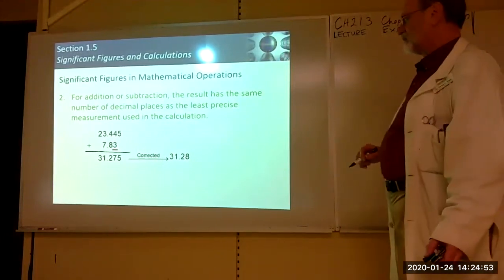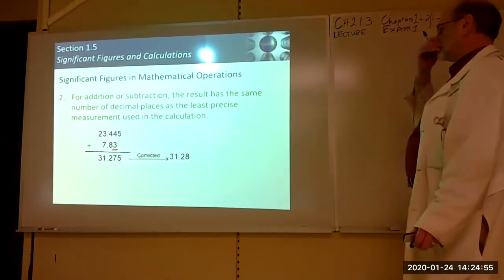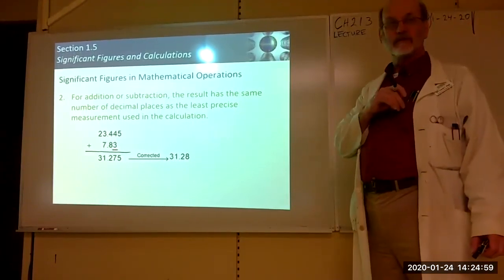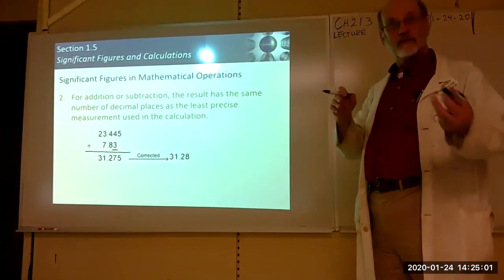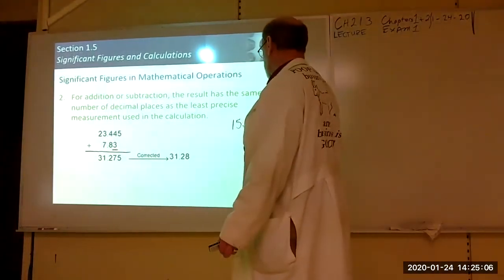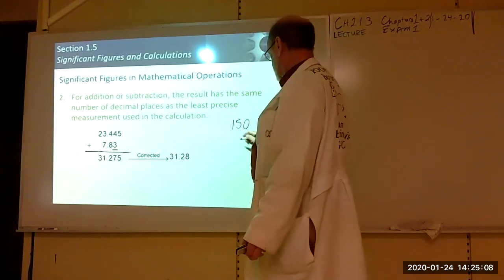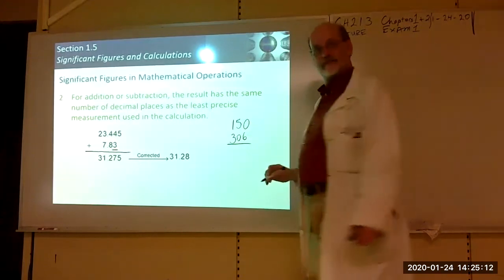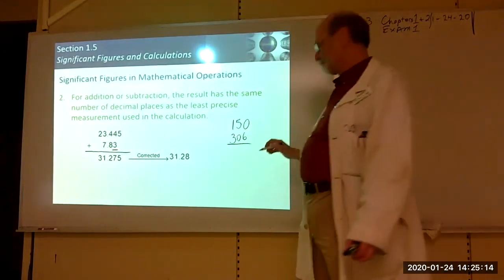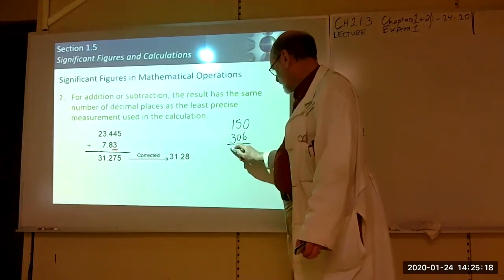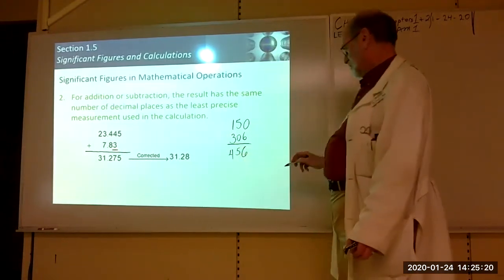Another possibility. What if you have 2 numbers that don't have decimal points in them? Or not implicit, right? Say we have 150 and 306. Well, if we bring it down, you don't have a decimal.